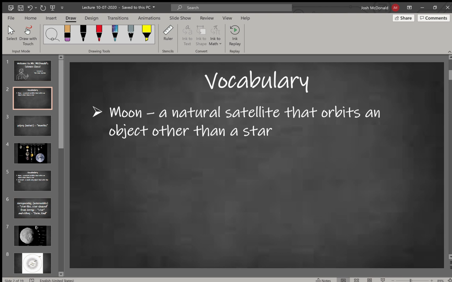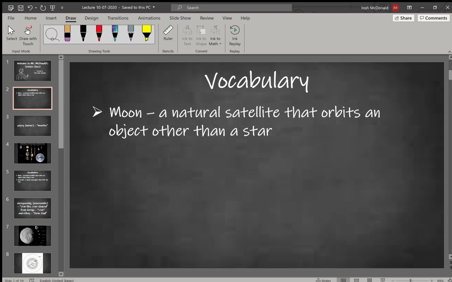And so there are some pretty decent sized objects that are orbiting other objects. They're orbiting planets, they're orbiting dwarf planets, they're orbiting asteroids, even. So, there are a few hundred moons in our solar system.